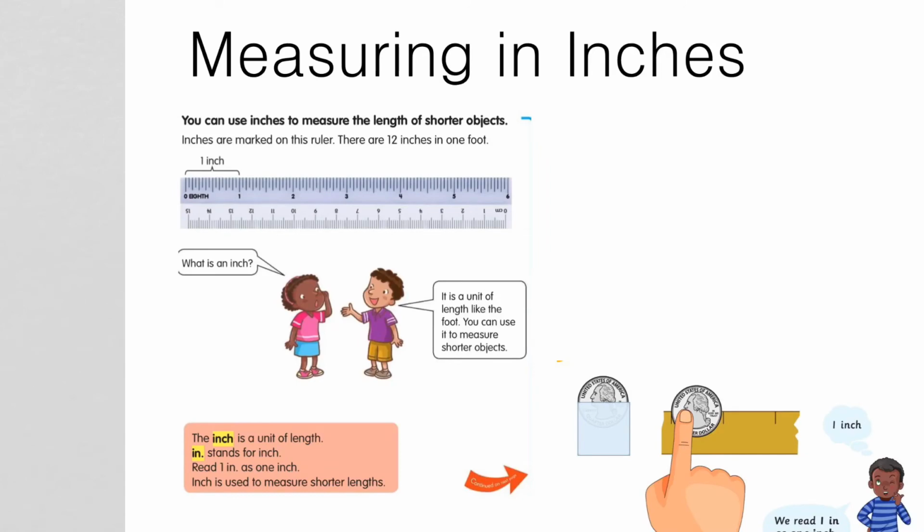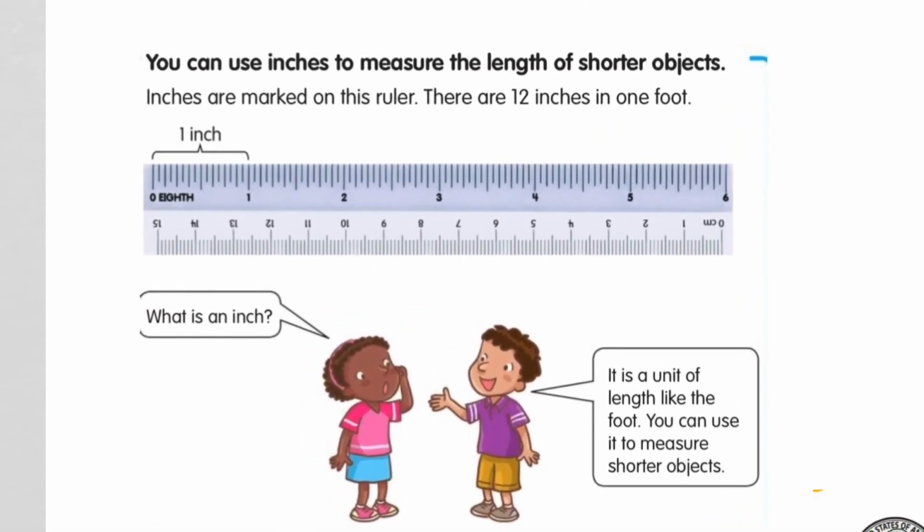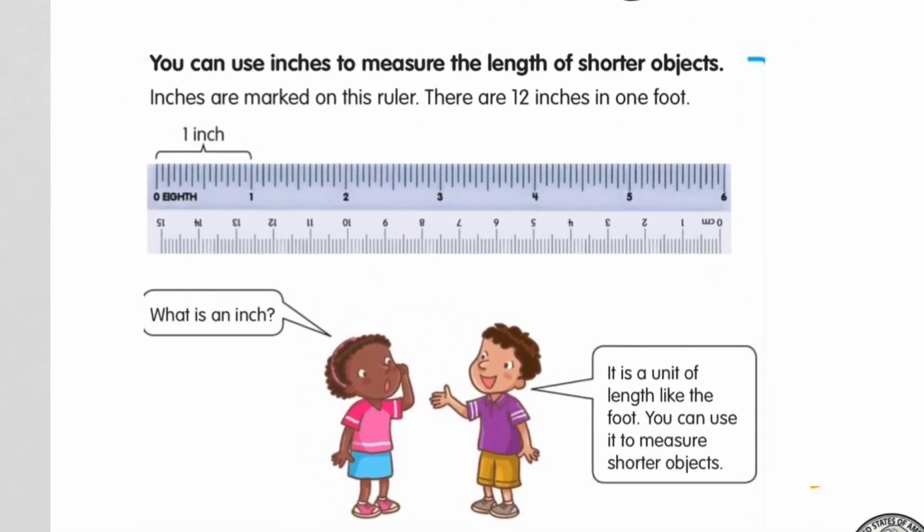Now, we're going to work on measuring in inches. You can use inches to measure the length of shorter objects, like shorter than the box that we were just measuring. Inches are marked on this ruler. There are 12 inches in 1 foot. Let's look at this ruler.